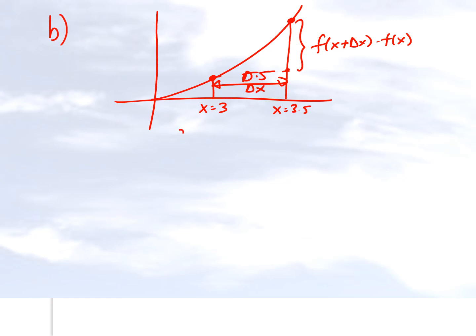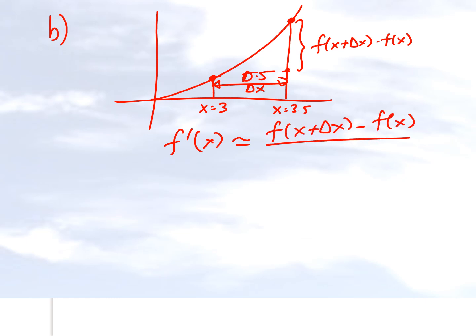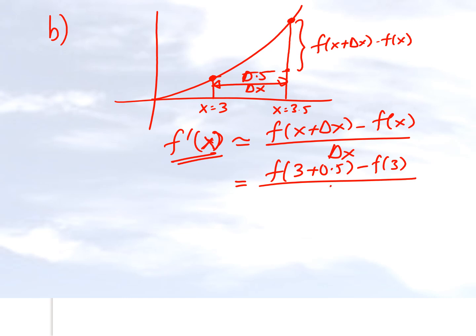So if you look at the secant line, the derivative of the function will be approximately equal to f of x plus delta x minus f of x divided by delta x, rise over run, where this is the slope of the secant line. Now we know that x is 3, delta x is 0.5. We subtract the function at 3, divided by delta x, which is 0.5.